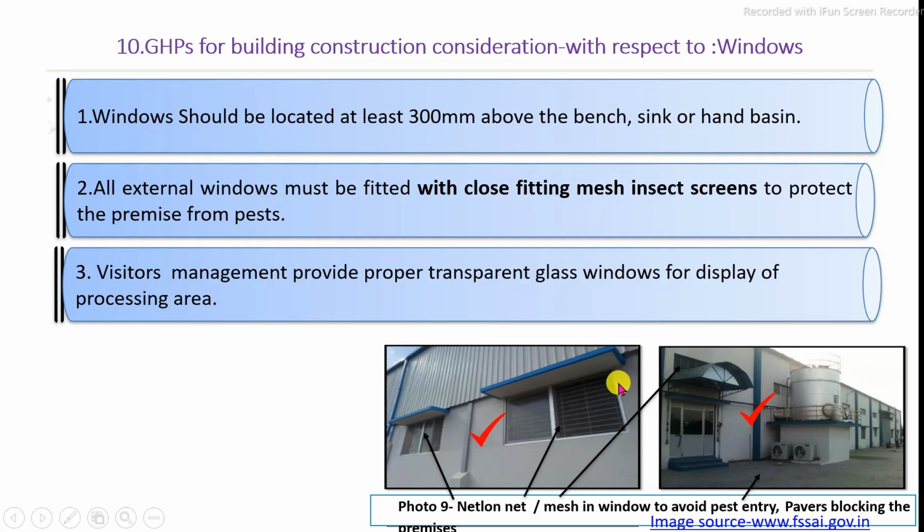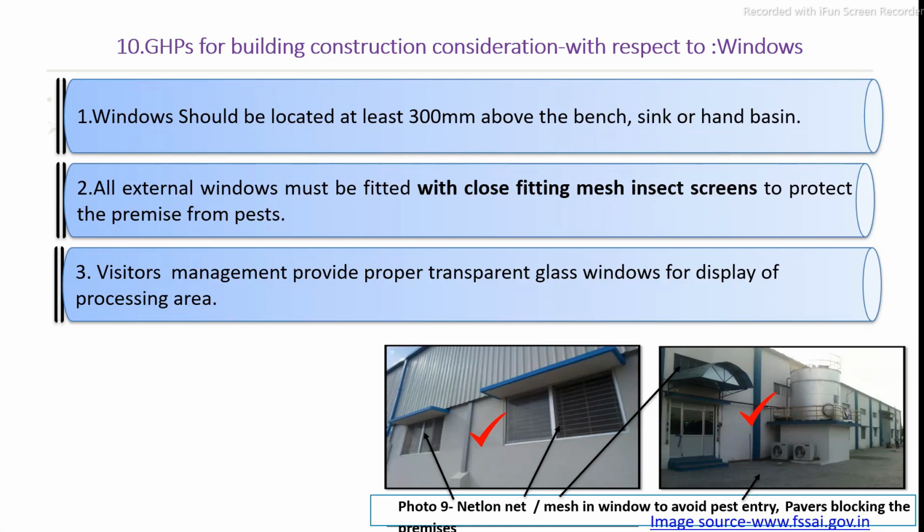All windows are required to be covered with a netlon net, that is, the mesh should be properly applied. These meshes may be removable for proper cleaning. All records should be maintained.